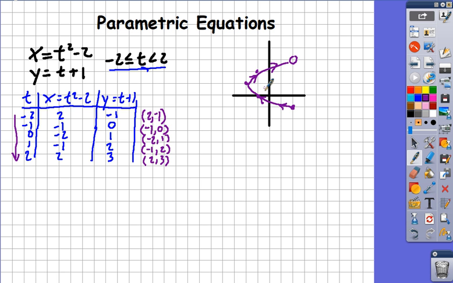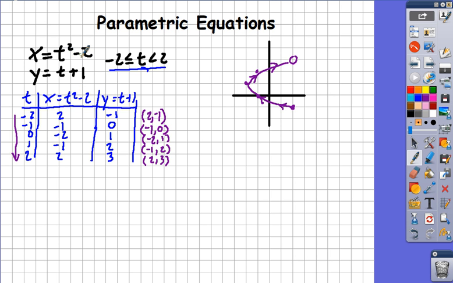Now the next thing we can do here is change a parametric equation back to a two-variable coordinate plane equation. And all it takes is substitution. So we're going to look at our two equations here, and decide which one can we get the parameter, t, our third variable, alone easiest.